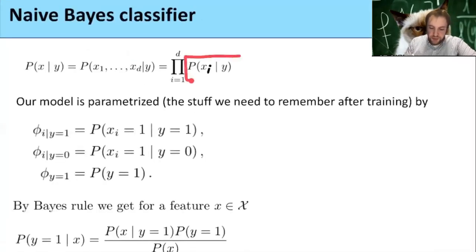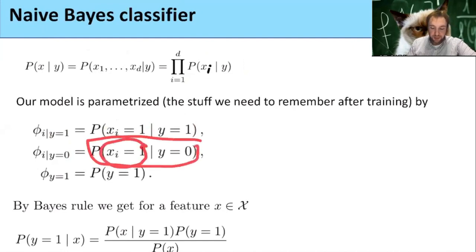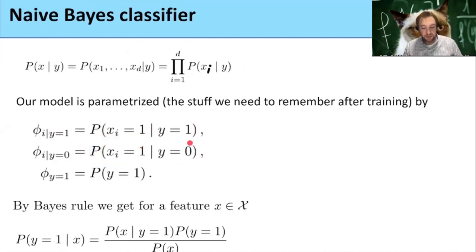And therefore we need to know these probabilities here. And I just give two names here. So this phi_{i|y=1} is exactly the probability that the word xi appears under the assumption that it's spam. And phi_{i|y=0} is the probability that the word appears under the assumption that this email is not spam.